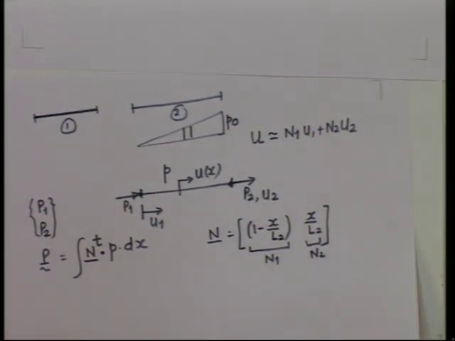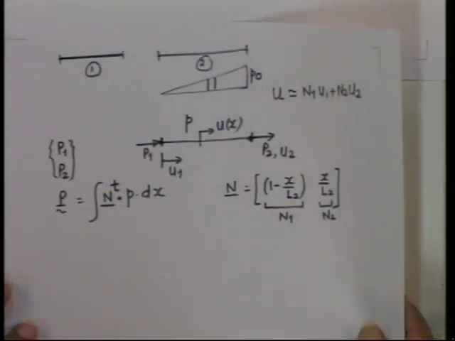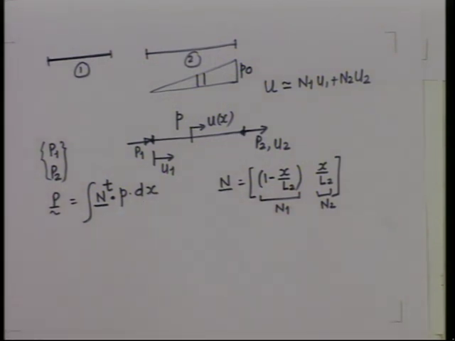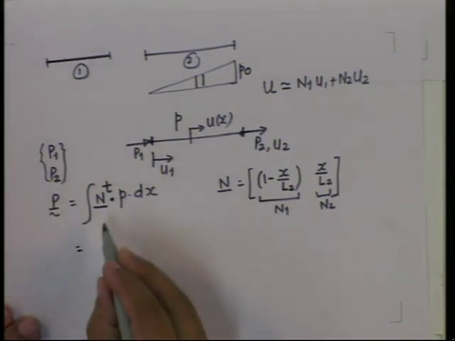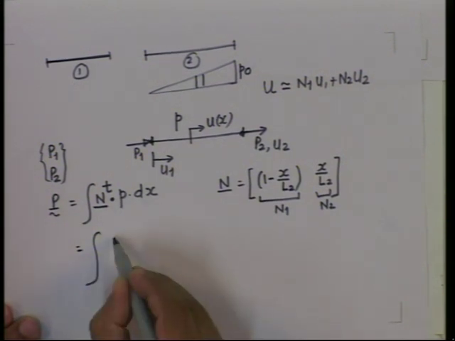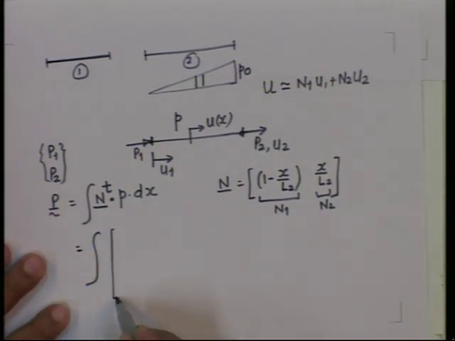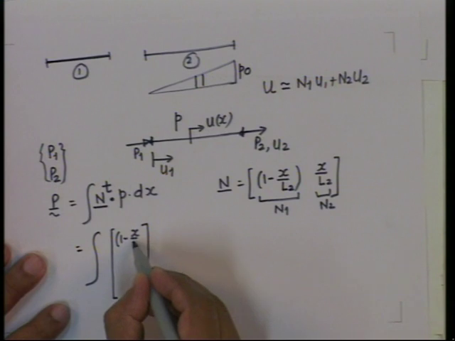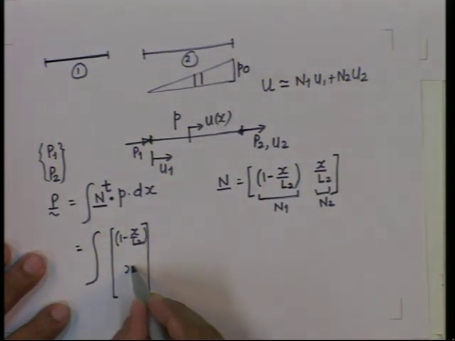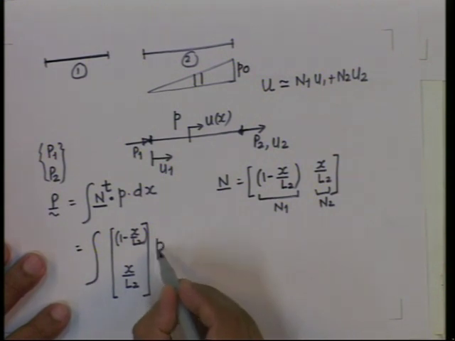So we also write N transpose, in a vertical form, because N is this: 1 minus x by L2 here, and x by L2, times p.